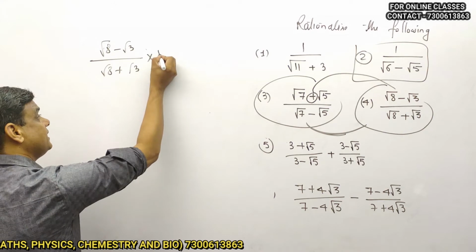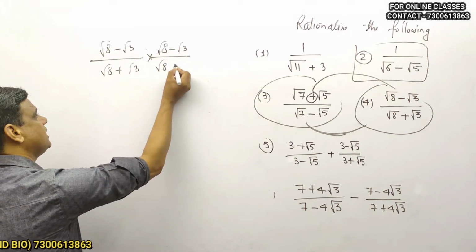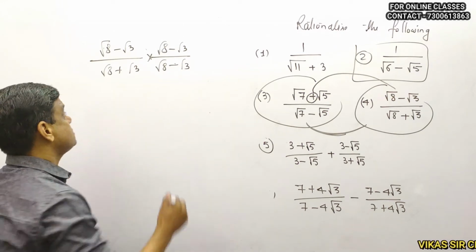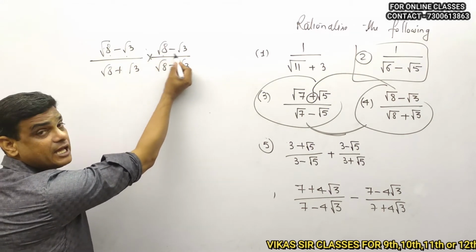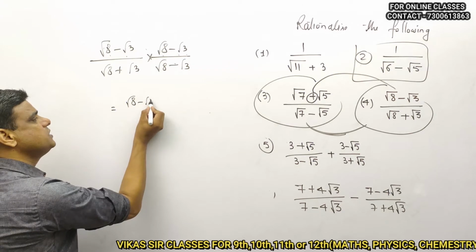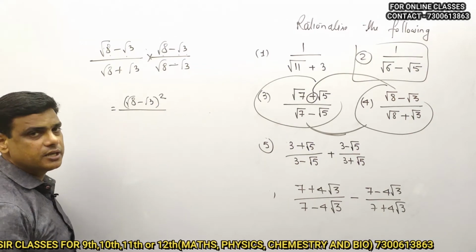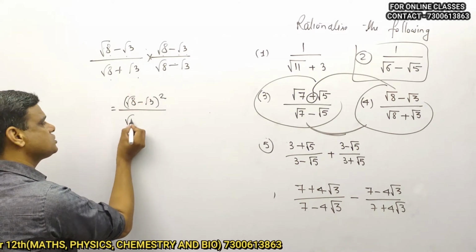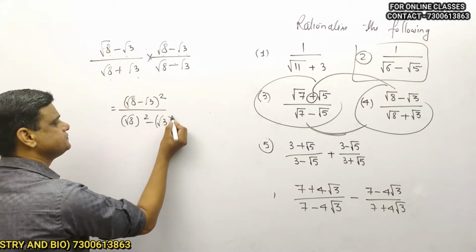Multiply this by root 8 minus root 3 in the numerator and denominator. Now see, (a minus b) into (a minus b) is (a minus b) whole square in the numerator, and in the denominator it is (a plus b) into (a minus b), which means a square minus b square.